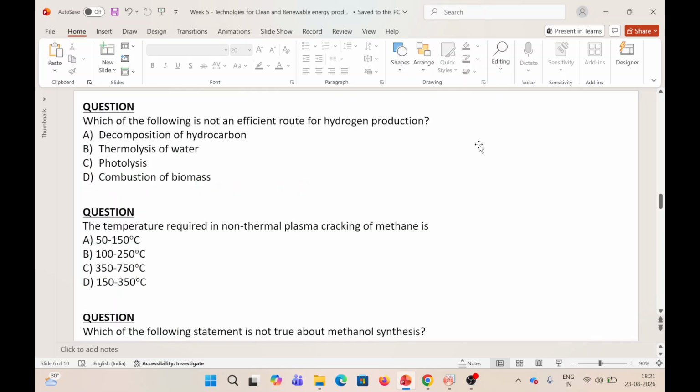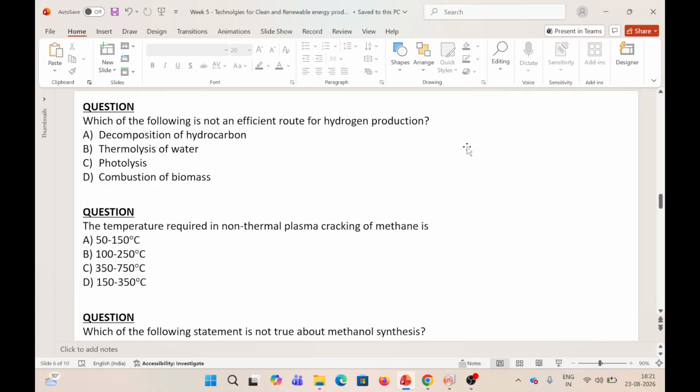So moving to the next question. Which of the following is not an efficient route for hydrogen production? I told you, right? There are multiple different ways to produce hydrogen.